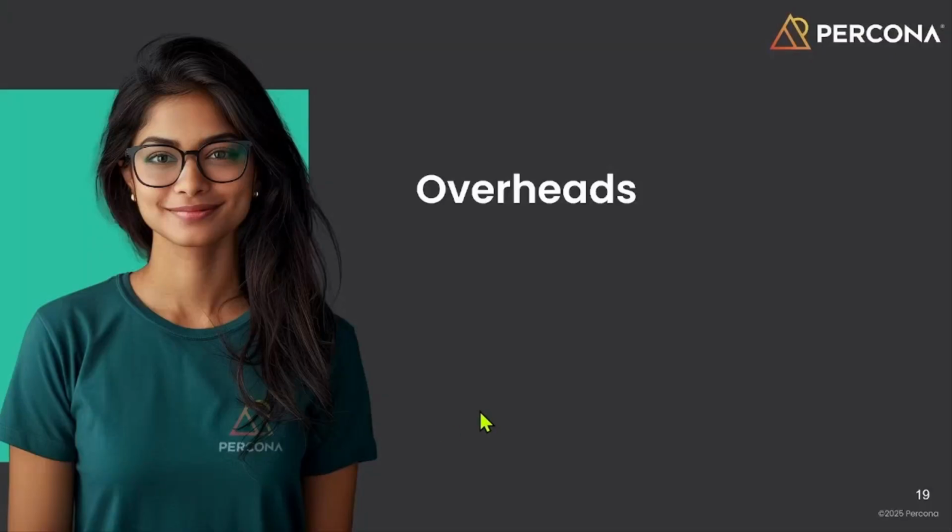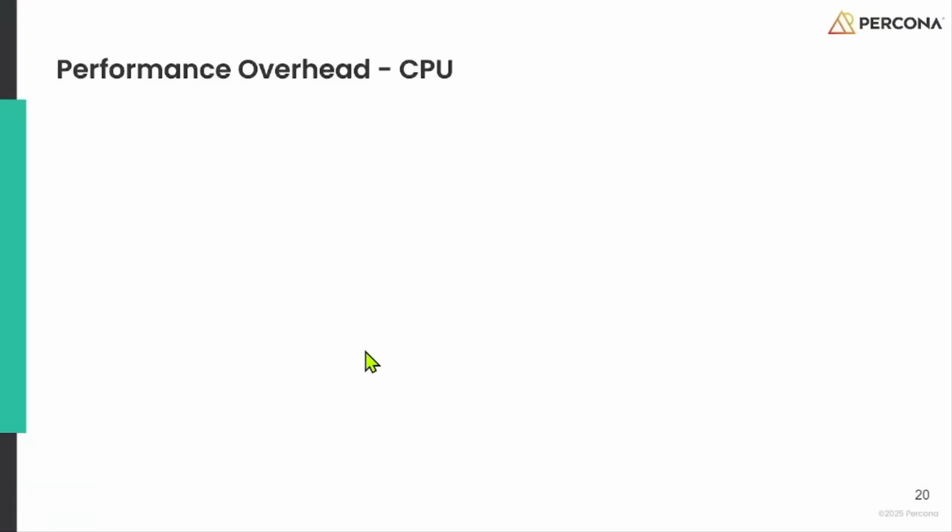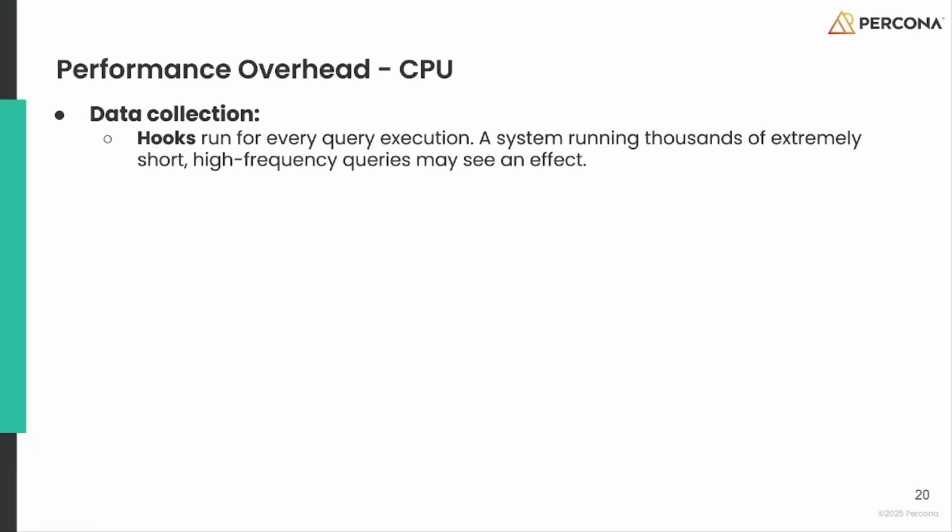Every extension will have its own performance, stability, security, and maintenance overheads. Nothing is free. We are going to discuss only the performance overhead. First, the CPU overhead. There is overhead in data collection. First of all, the hooks. Hooks run for every query execution.